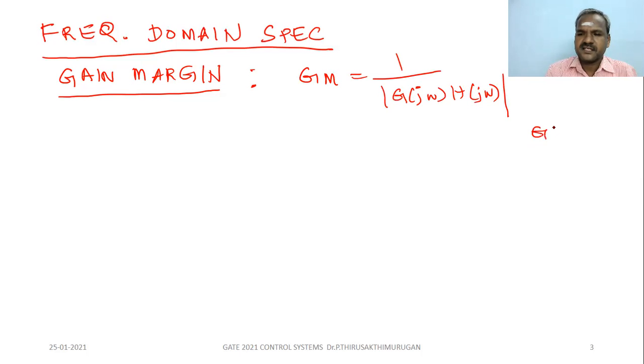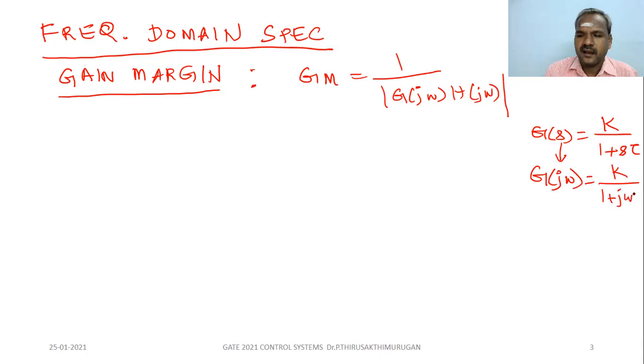Let us see G of s equal to K by 1 plus s tau. This is called the transfer function model of the system. If we replace s by j omega, it becomes a complex function, K by 1 plus j omega tau.